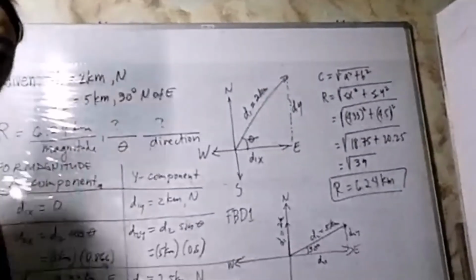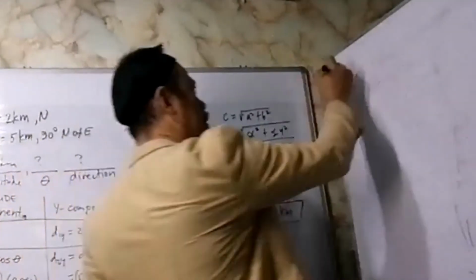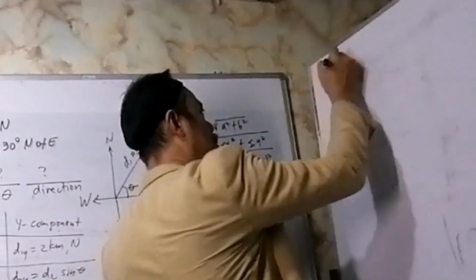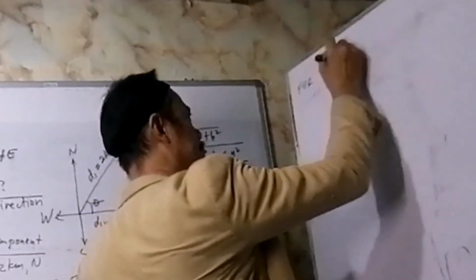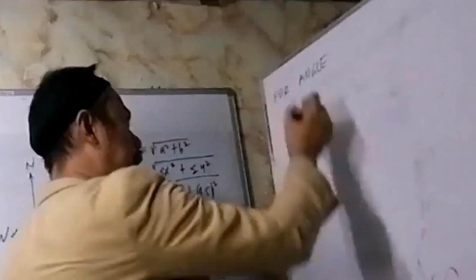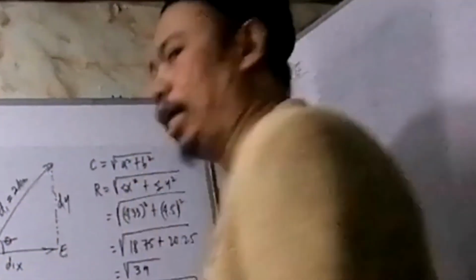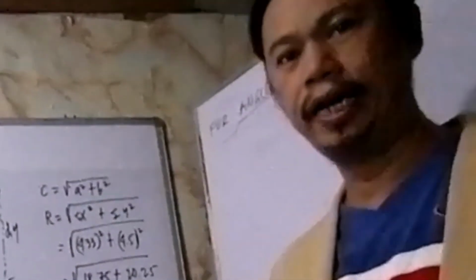So, let's go over to the angle. Okay? So, for angle. Okay? And how do we get the angle? The angle can be solved by tangent theta is equal to the summation of y over the summation of x. Okay? So, what's the value of the x? We have 4.33.